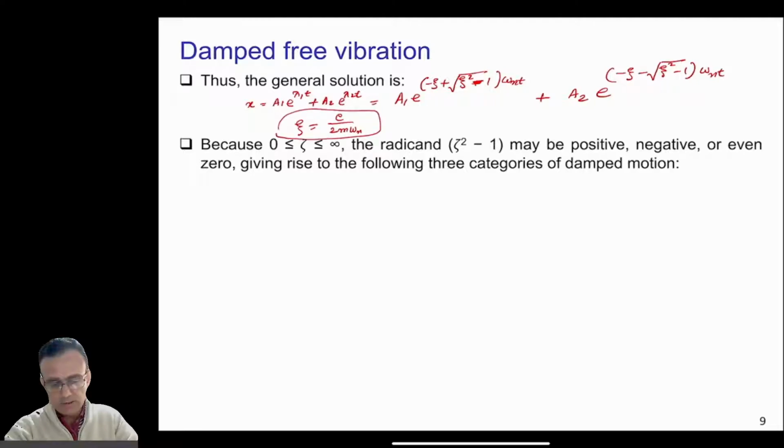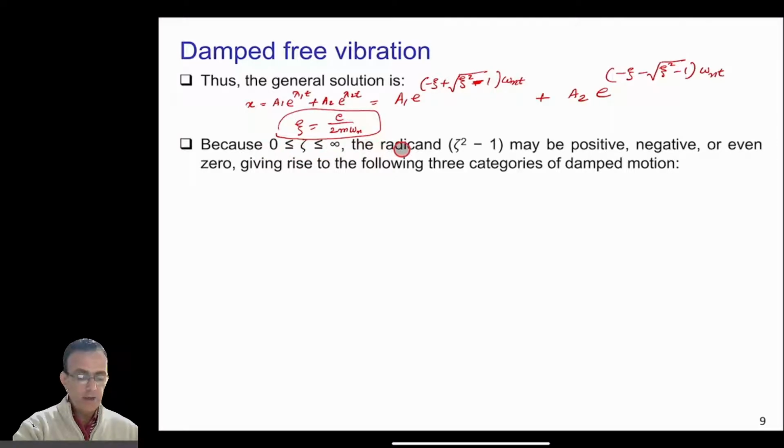Because c is always positive, m is always positive, and omega n is always positive, the value of zeta is always between 0 and infinity. So 0 means that the system is undamped, and infinity means that the damping is very, very high. So this is the range of this zeta.